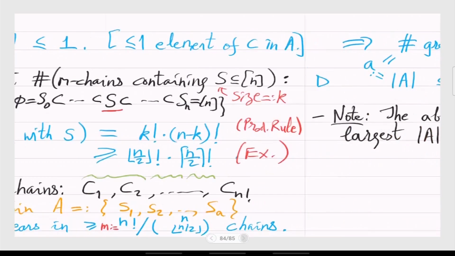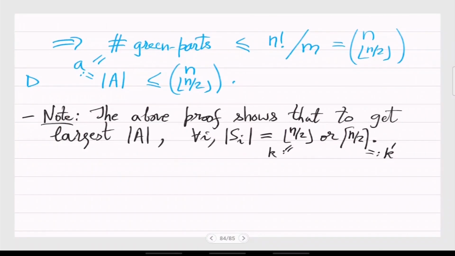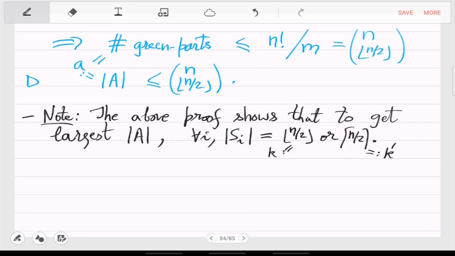Right. Yeah, so you go back from the last property, you reverse engineer. You say that, okay, I want A to be maximized, which means I want its size to be n choose k. You want not less than or equal to, but exactly equal.